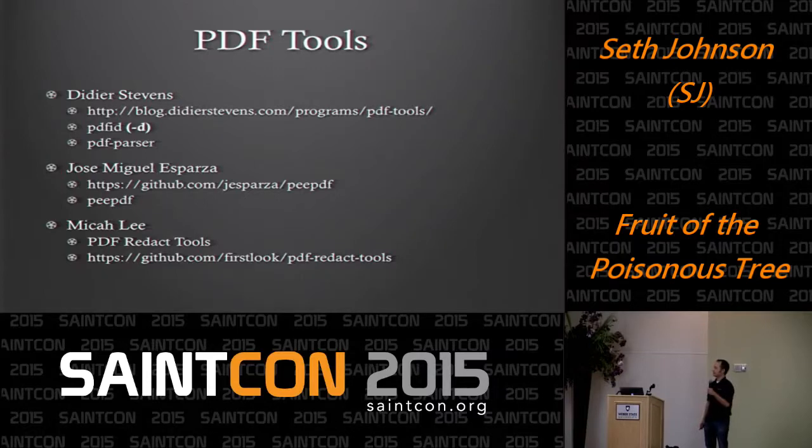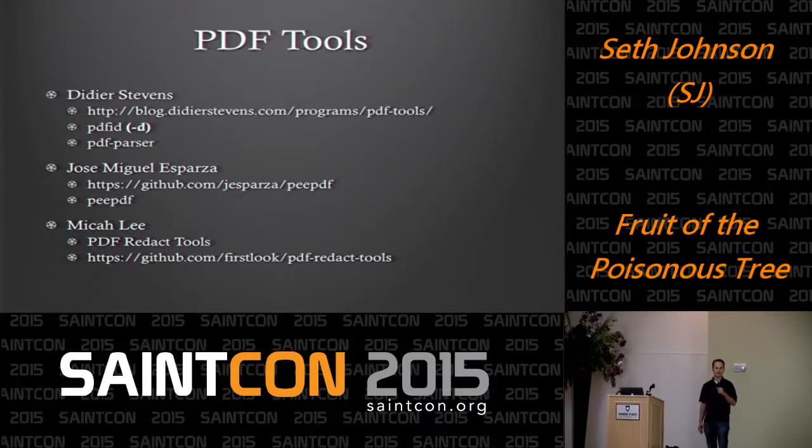As a result, PDF ID is very small and succinct, and it generally does not include a lot of features that you would use for debugging or deep investigation into those documents. That's both a good thing and a bad thing, but mostly a good thing because it can be used in conjunction with PDF Parser. PDF Parser is a more sophisticated tool for investigating the contents of PDF documents.